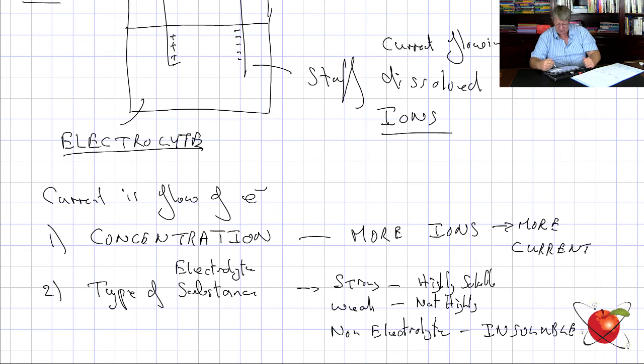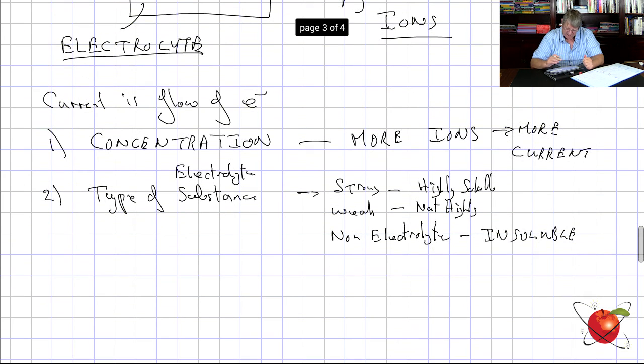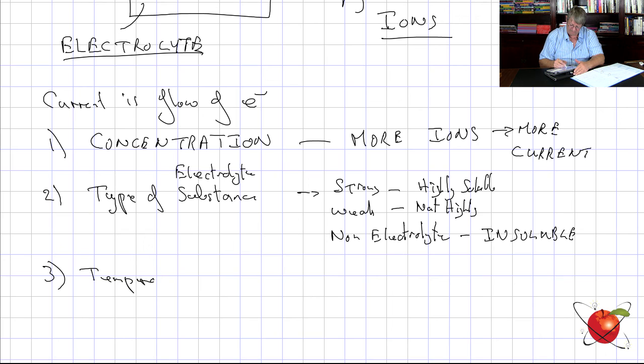All right, so we've got, in other words, a strong electrolyte, table salt. If you put table salt in water, you can dissolve loads in there, can't you? Right? It's highly soluble, and you get lots of ions coming into the water. The next statement, number 3, is going to be temperature. That's just the way to think about it.